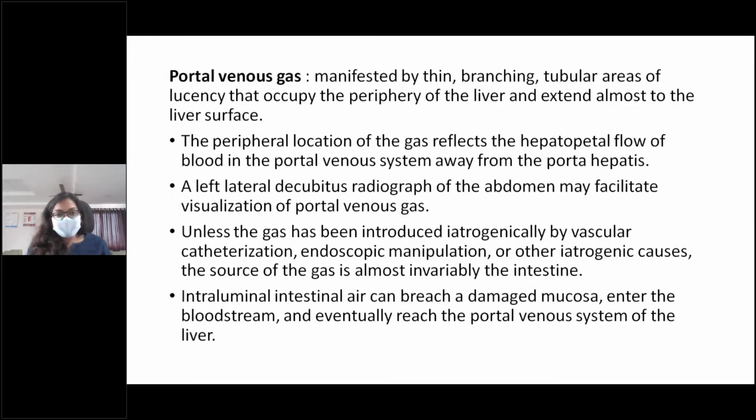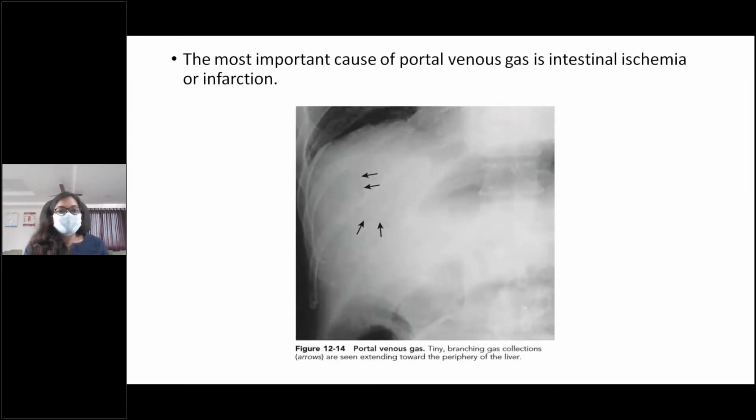Coming to the portal venous gas, it is manifest as thin branching tubular areas. In this picture, I hope you can appreciate this. These dark lines indicate the portal venous gas collection.